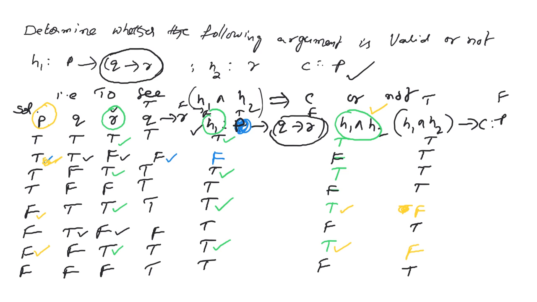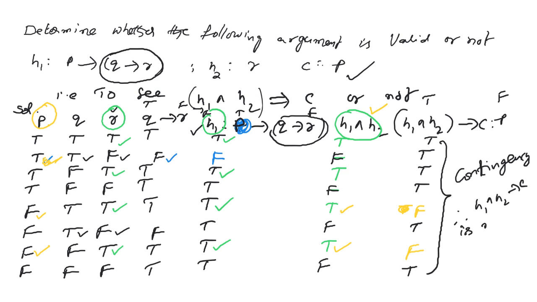So H1 and H2 conditional C is not a tautology. Sometimes it is true and sometimes it is false, which means this is a contingency. Contingency means satisfiable. Therefore, H1 and H2 conditional C is not a tautology.